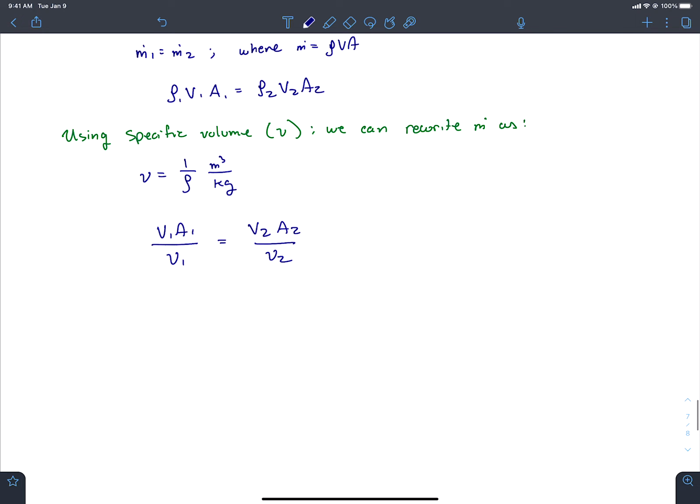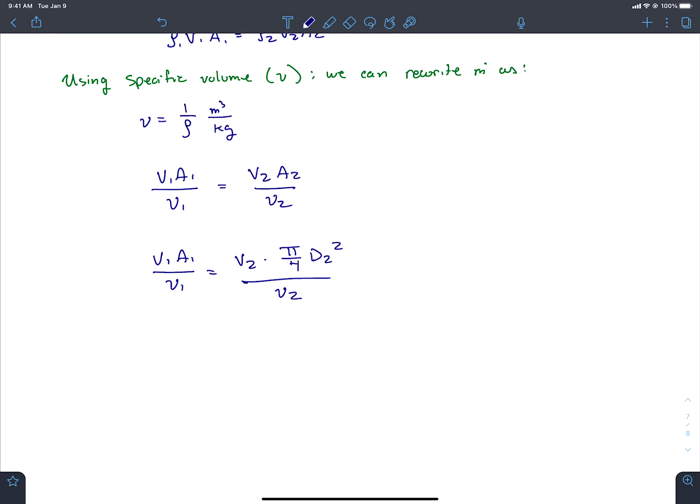And now, we want to solve for the area of the exit, so I can say V1 A1 over mu1 is equivalent to V2 times pi over 4 d2 squared over mu2.